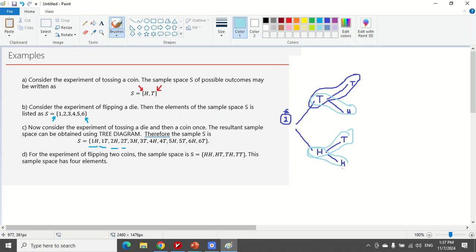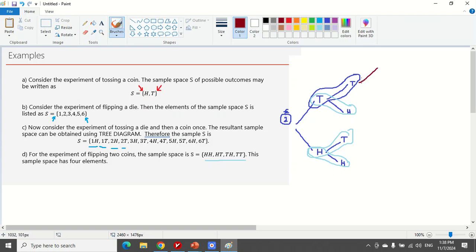So these are all the cases that I sketched in the tree diagram to determine them. As you can see, we have these cases: HH, HT, TH, and TT. For three coins we can do the same thing, meaning this diagram is extended by one more branch, so we can write it for 3 coins or 4 coins. Let me sketch it here.